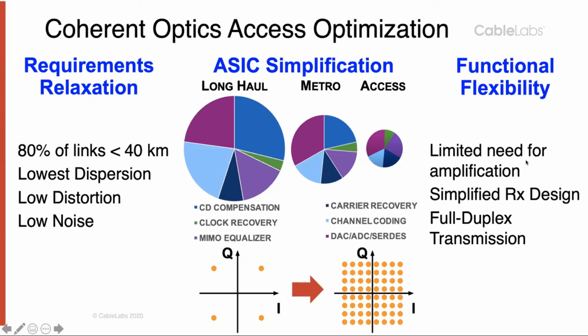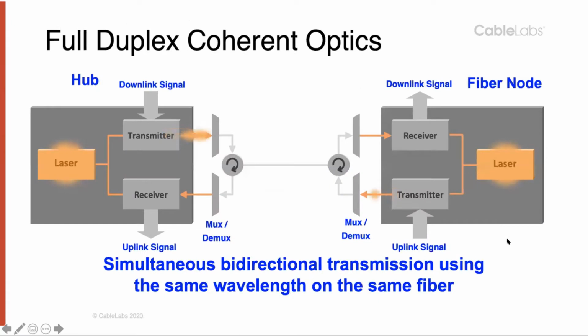I mentioned before that in the access, on many occasions, we don't have inline amplification in between because of the shorter distances. So we can operate in other modes, such as full duplex transmission that I'll describe next. In full duplex coherent optics transmission, and this is prompted because in cable, sometimes we need to reach many endpoints where we have just a single fiber strand available.